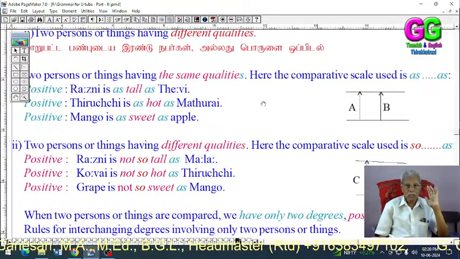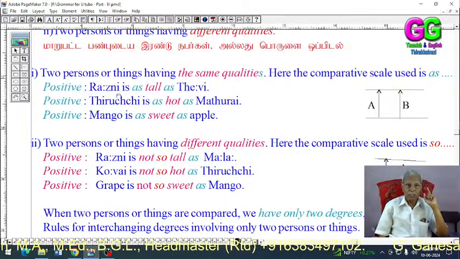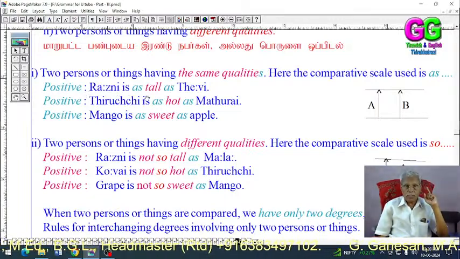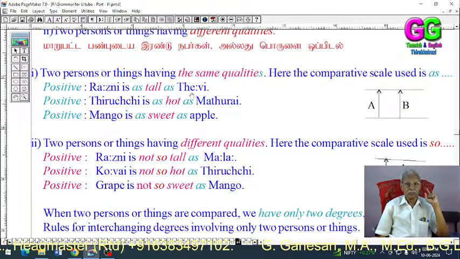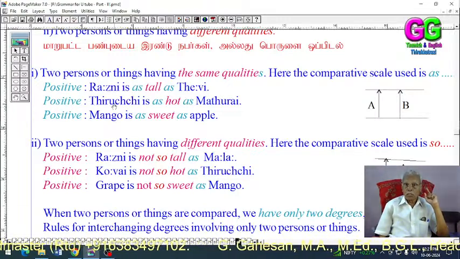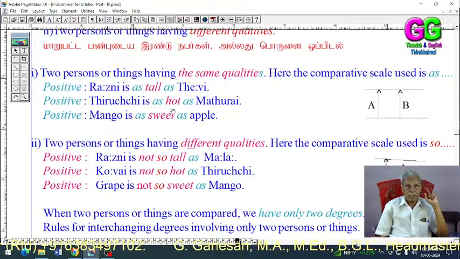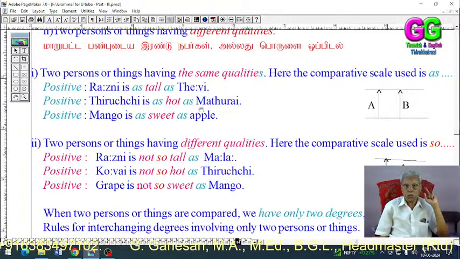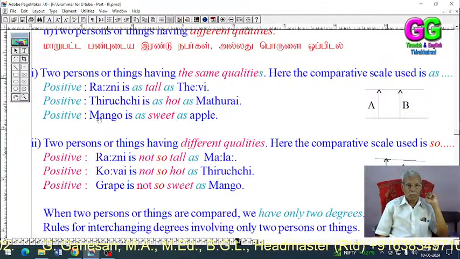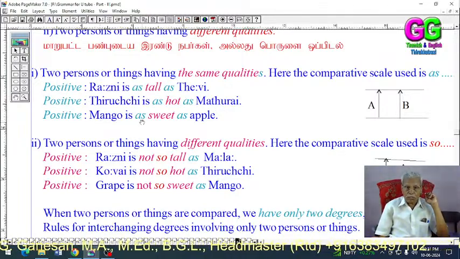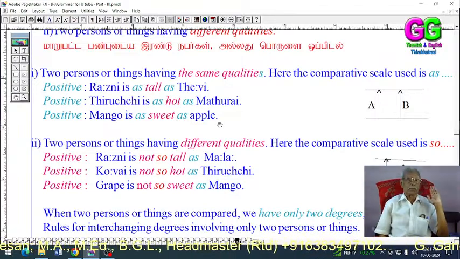Example, first degree. Ronnie is as tall as Devi. Trichy is as hot as Madurai. Mango is as sweet as apple.